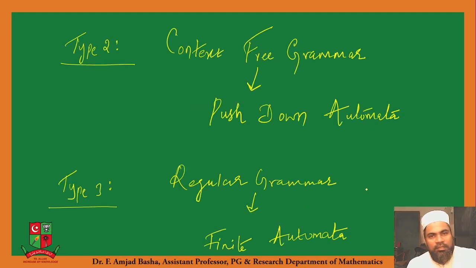The language generated by context free grammar is called context free language, and the language generated by regular grammar is a regular language, which is accepted by finite automata. Now let me discuss each and every type of grammar in detail with illustration.